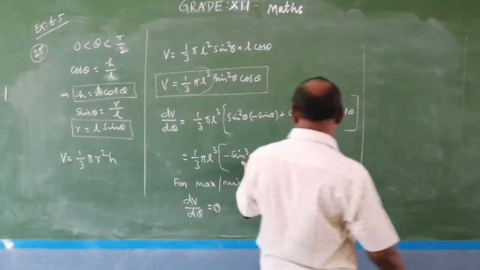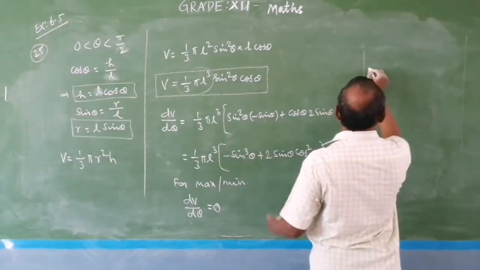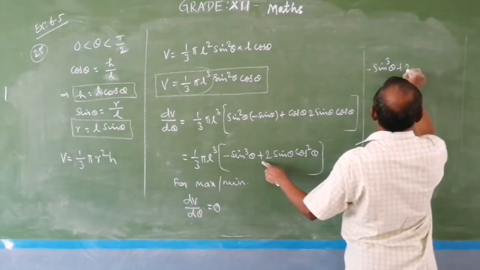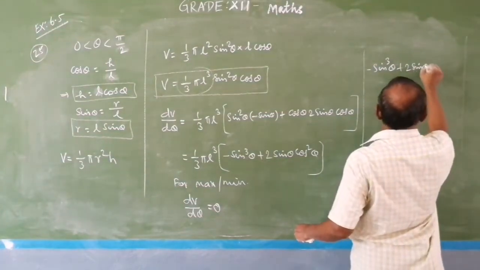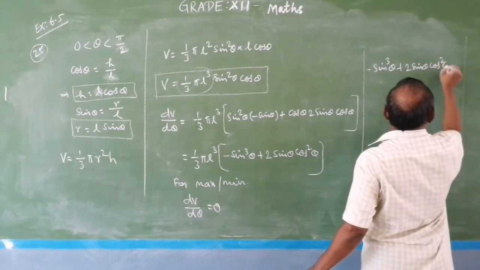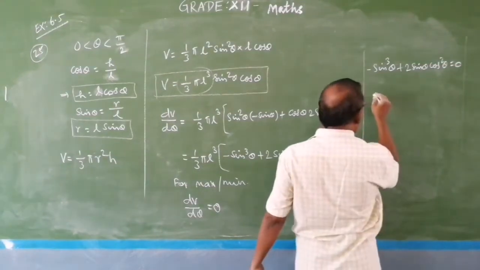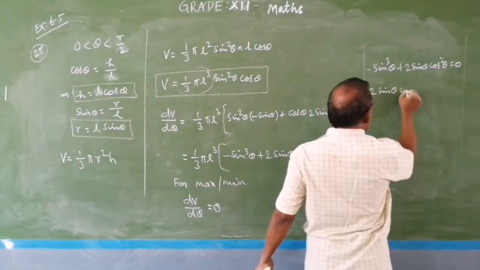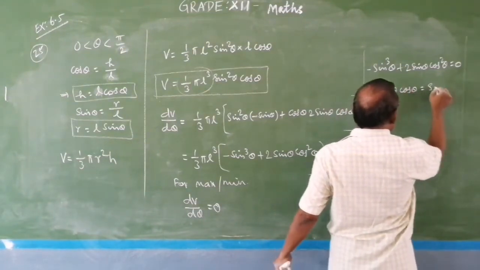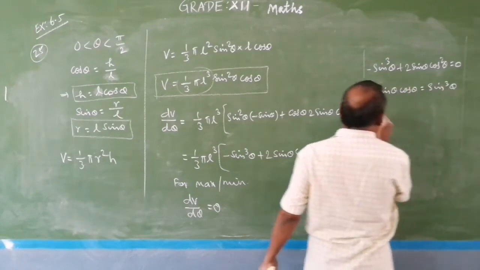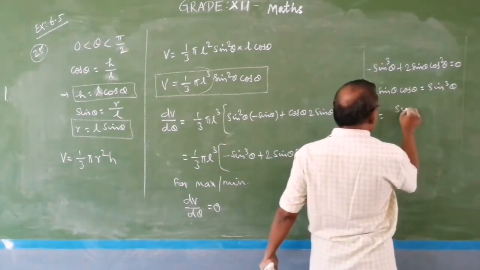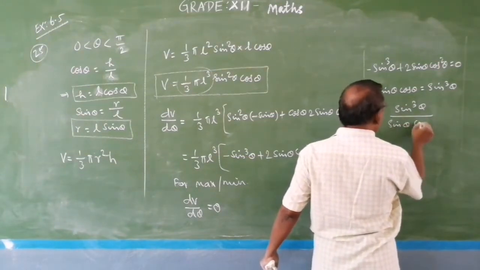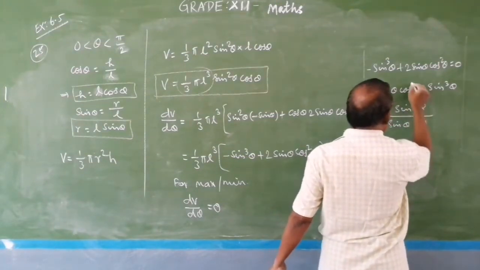Therefore, minus sin cube theta plus 2 sin theta cos square theta equal to 0, or 2 sin theta cos square theta equal to sin cube theta, or 2 equal to sin cube theta divided by sin theta cos square theta.